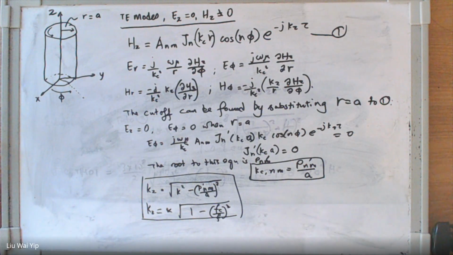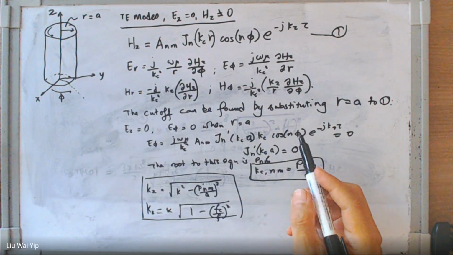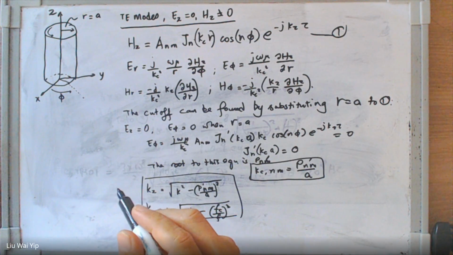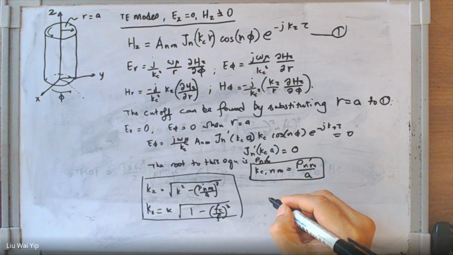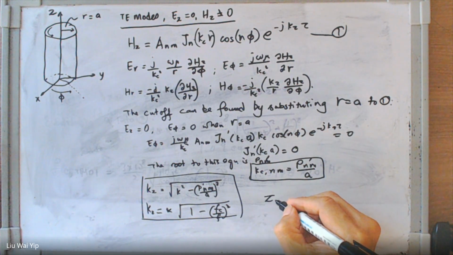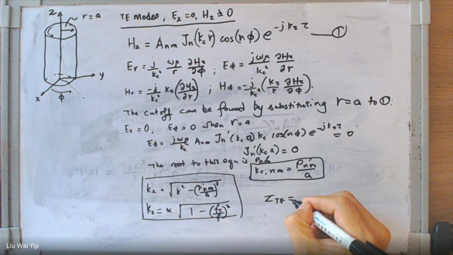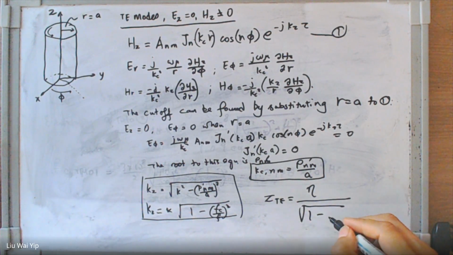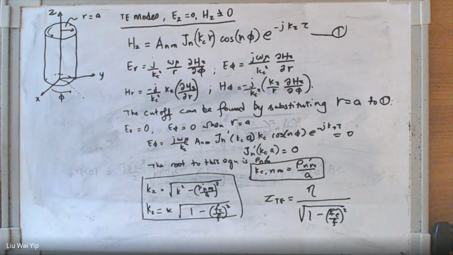Now, this is the formula for TE mode. By the way, you also want to know the intrinsic impedance. TE is equal to like this. So it's similar to the rectangular waveguide.